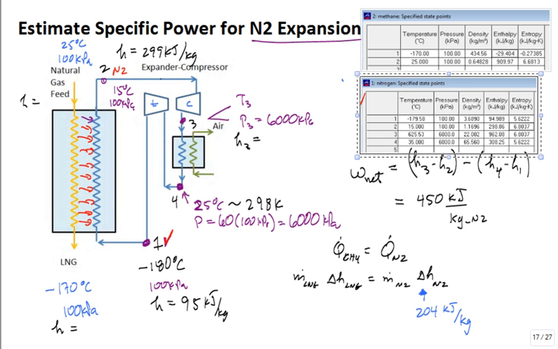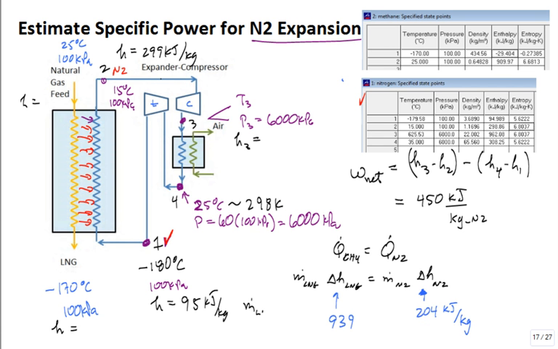All right, so what did we get for the delta H of the LNG? 939. Okay, so the amount of LNG produced per amount of nitrogen in the loop is 204 divided by 939, 0.2173 or something.